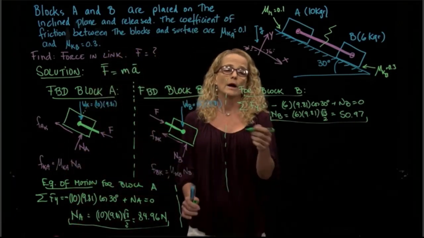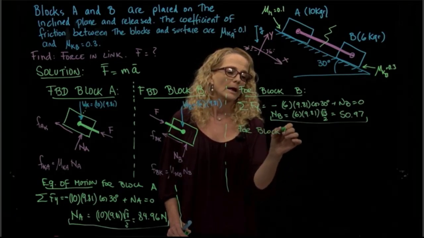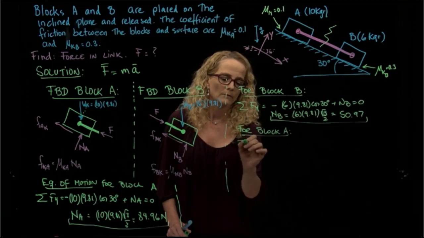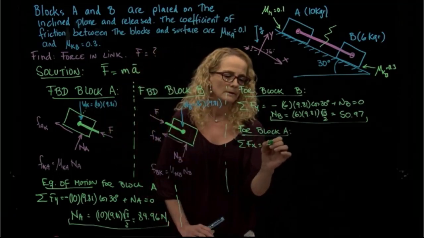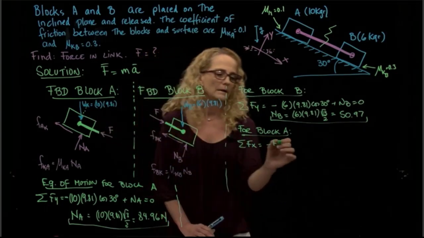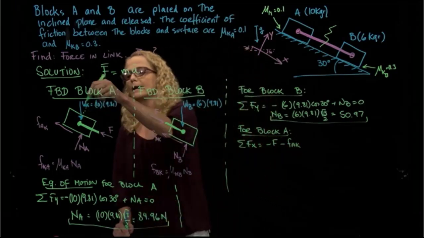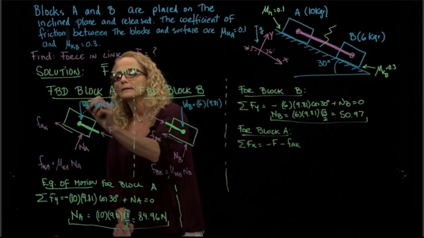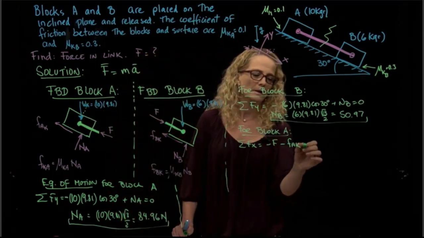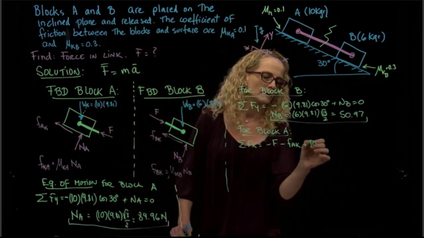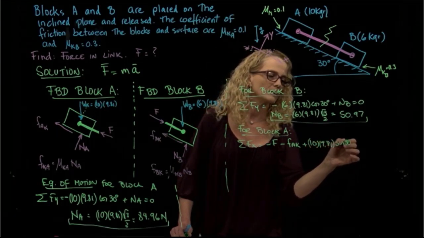So now I'm going to add forces for block A, forces in X. This is negative F, negative FAK, and then I have positive this little component of the weight, which is plus 9.81 sine of 30.